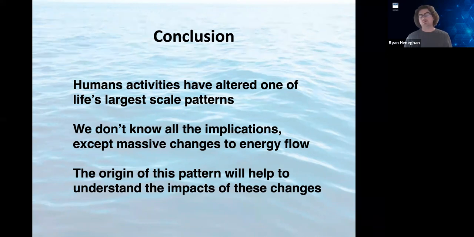We don't know the implications of this, except that, assuming other parts of the system haven't been as directly impacted, there'll be massive changes to energetics in the marine ecosystem. And understanding the mechanisms underpinning this pattern will really help to understand the impacts of these changes.